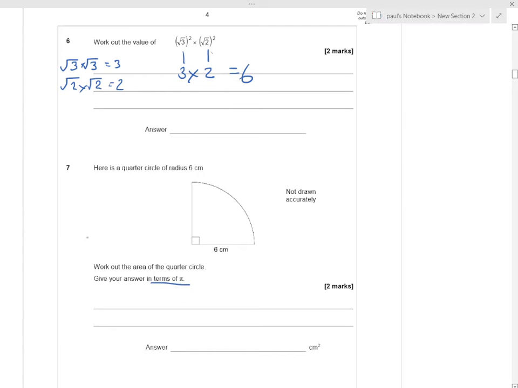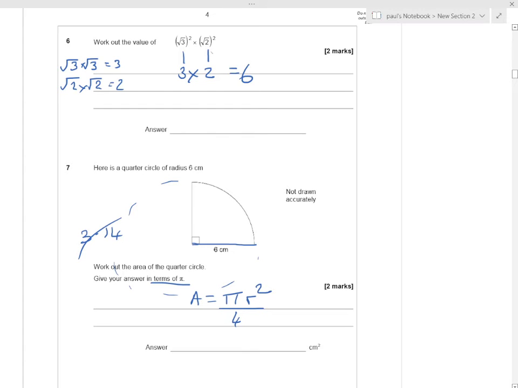In terms of pi, you don't need 3.14, just in terms of pi. Now this line here is going to be the radius of the circle, because if it was all the way around, it would be the radius. So what do we do now? Area equals pi r squared. We've got a quarter of a circle, so let's divide by 4.